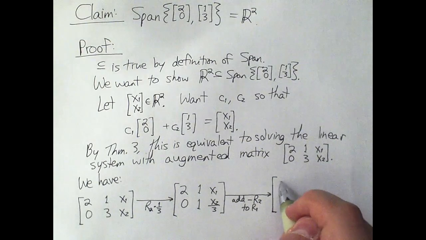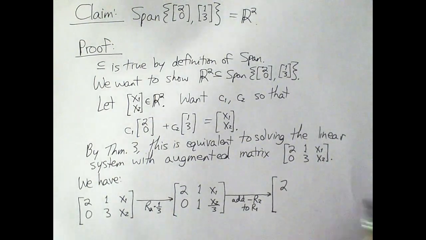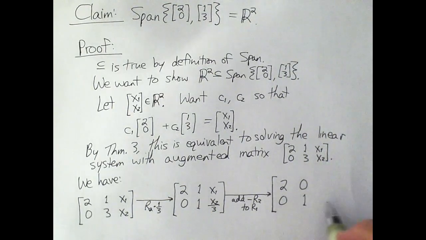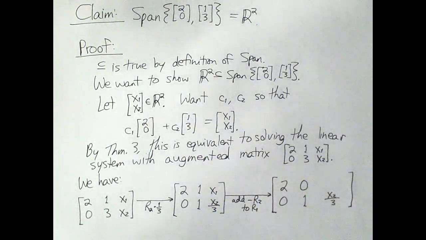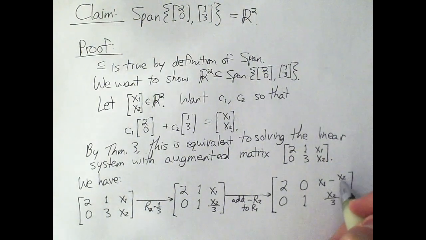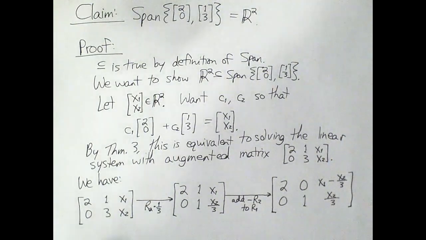So we'll have a 2 here, and a 0 here. That's what we wanted. We're not changing row 2 in this step, so I'll just copy row 2. What happens to that other entry? It was x1, and it needs to have something subtracted from it. It's now going to be x1 minus x2 over 3.